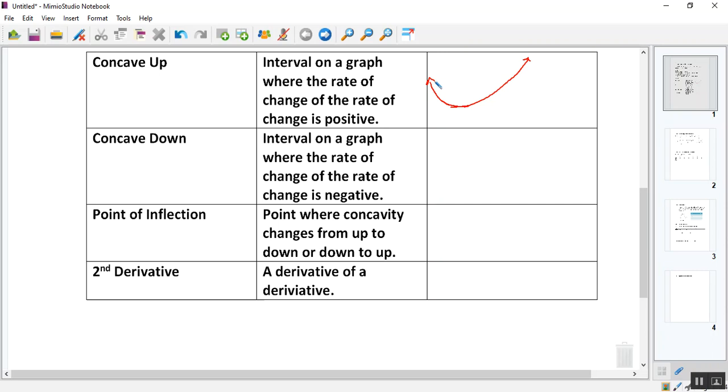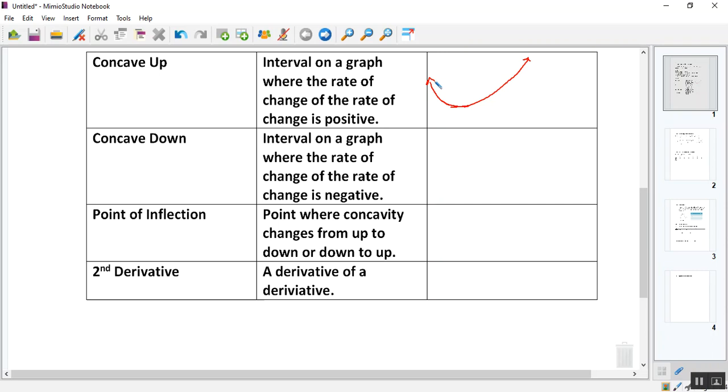Okay, moving left to right, if I bend this up at the end here, that would be what? Okay, what if I bend the bottom down? Concave down, okay? So if you can think of moving left to right, if the graph is bending upward, it's concave up, and if it's bending down, it's concave down.